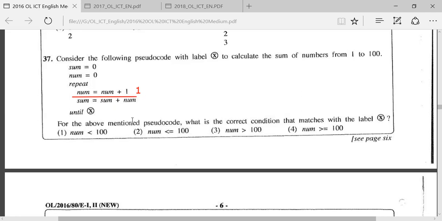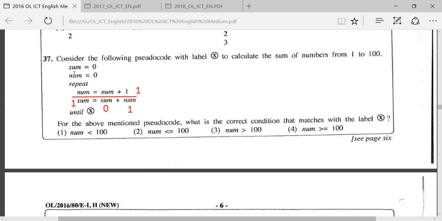Initially, we will increase the value of num by 1. Then we are doing the sum part, right? After num equal num plus 1, currently the num is 1. Then sum is 0. Sum equals sum plus num, which means 0 plus 1, 1. I will write this one, 0 plus 1, 1.